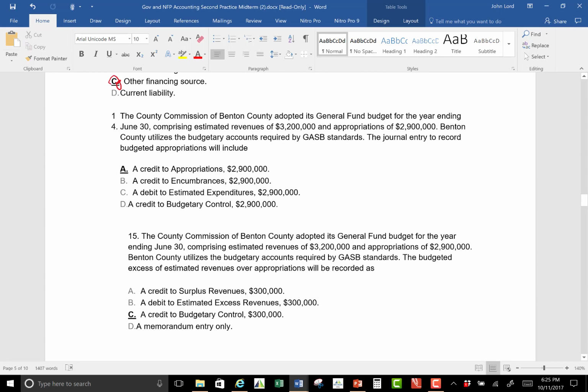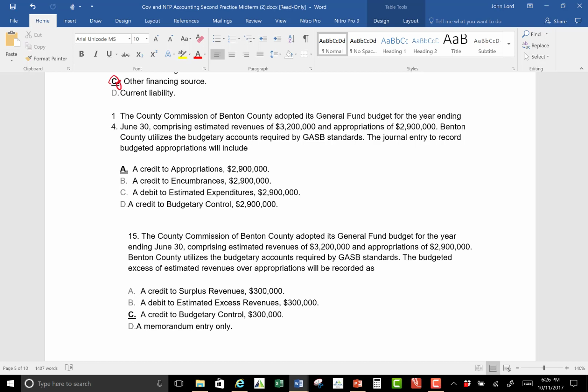So that's another financing source, transfer in, one of the two. The County Commission of Benton County, that's a little redundant. Why can't they just say the County Commission of Benton, adopted its general fund budget for the year ending June 30th, comprising estimated revenue of $3,200,000 and appropriations of $2,900,000. Benton utilizes budgetary accounts required by GASB standards.